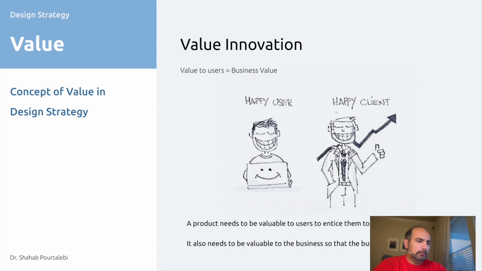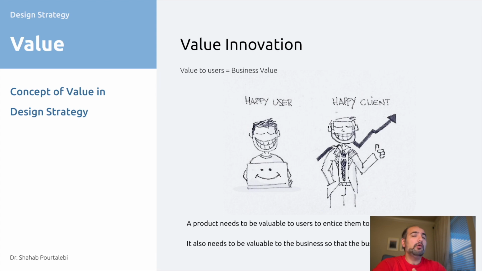When we offer a product to our user, a product needs to be valuable. Otherwise, the user wouldn't use it in a long-term manner. So value to user is something that we are looking after right in the beginning of the process of product design.